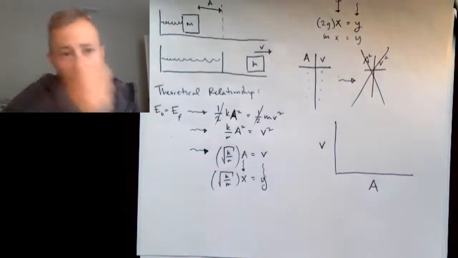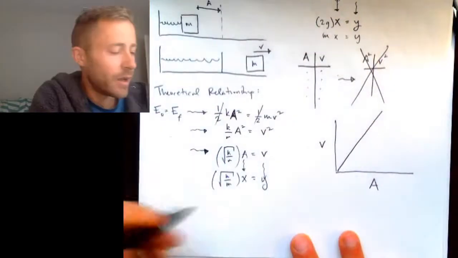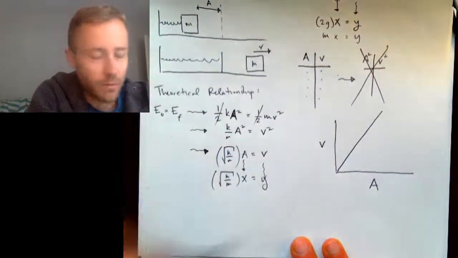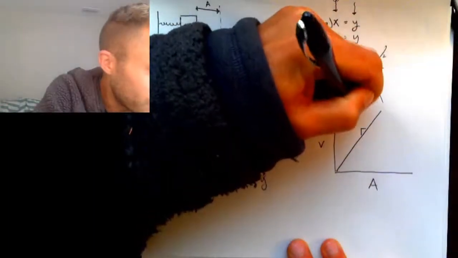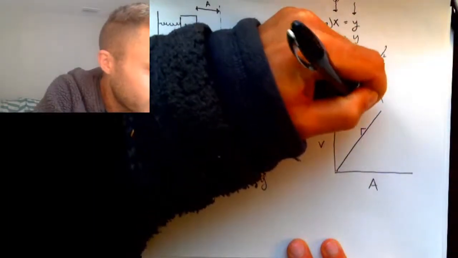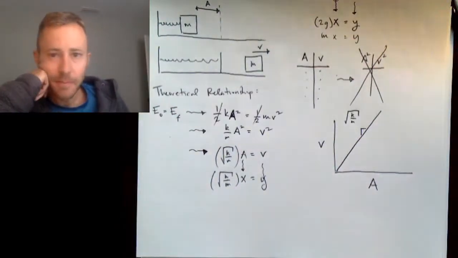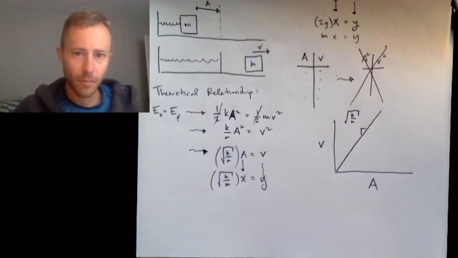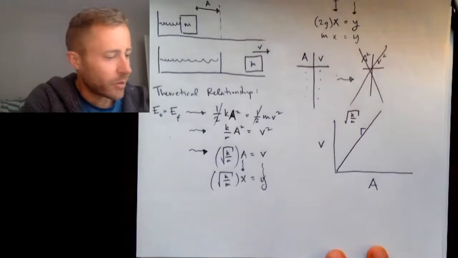So the theoretical relationship is a straight line, and the theoretical slope is the square root of k over m. And that's how it works.